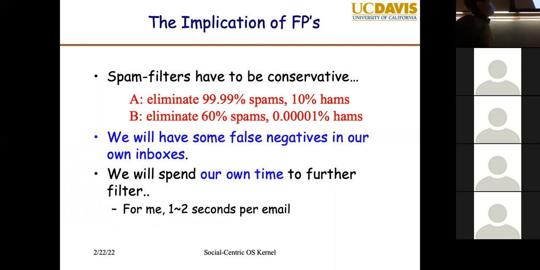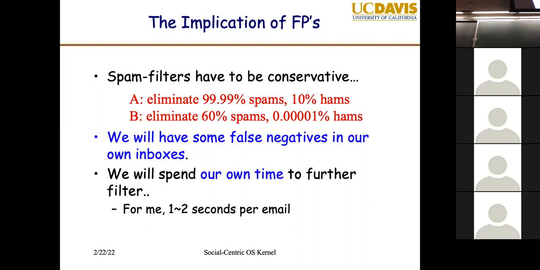The first product will eliminate 99.99% of the spam, but it will also eliminate about 10% of your good email. But product B will eliminate 60% of the spam, but only with a 0.00001 probability will it eliminate any of the good email.